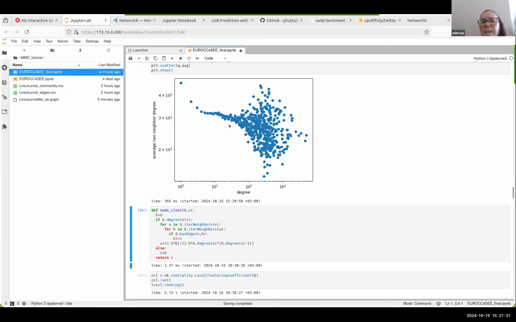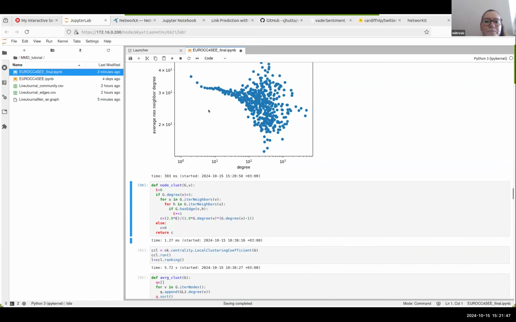So we usually say that if we see this kind of behavior, our network is neither disassortative nor assortative in this sense. Probably the biggest disassortativity comes from these very low connected nodes.